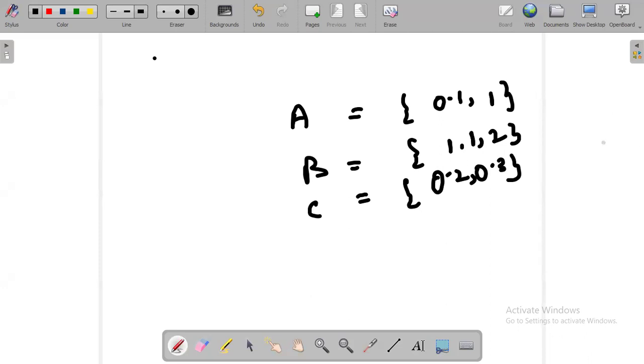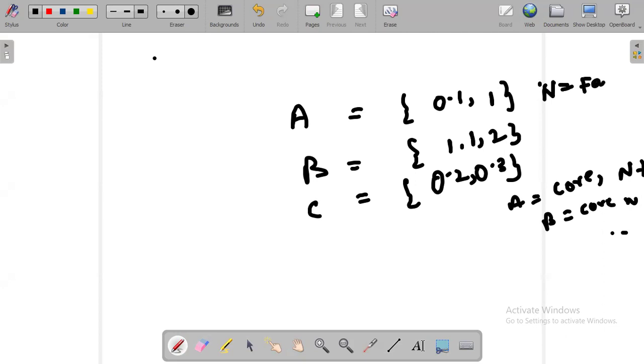If I take the set A, core is there, normality is true. If I take B, core is there, normality is true. If I take C, core is not there, so normality is false. But what is meant by singleton?